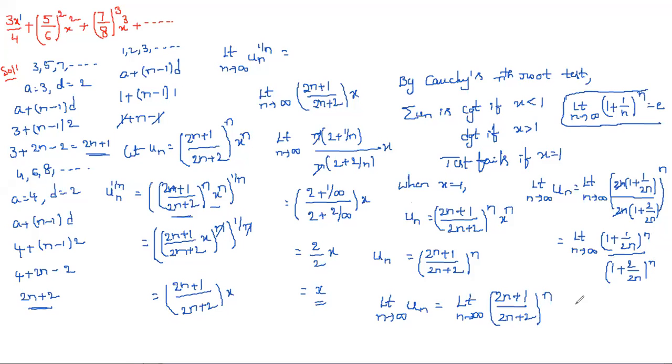So how can we write this? Limit n tends to infinity (1 plus 1 by 2n), and this we can write as (1 plus 1 by 2n) whole power 2n, whole power 1 by 2.